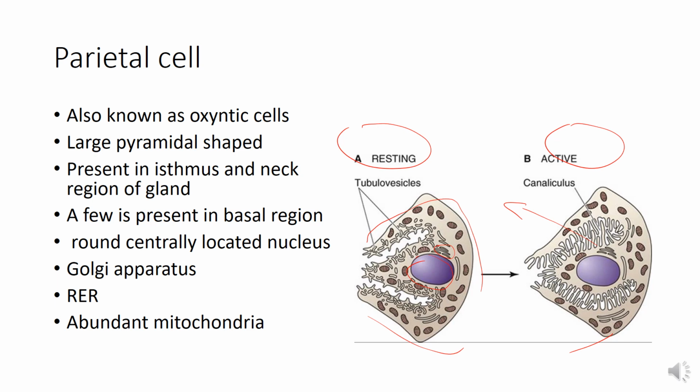Here you can see they are very prominent in the active cell. Numerous microvilli project from the plasma lemma into the cavity of the intracellular canaliculus. These microvilli further increase the surface area available for the secretion.